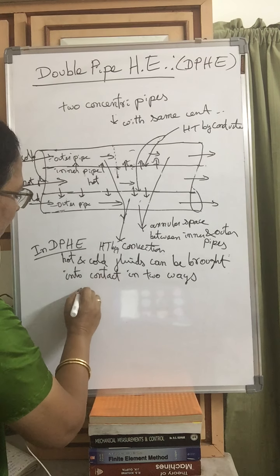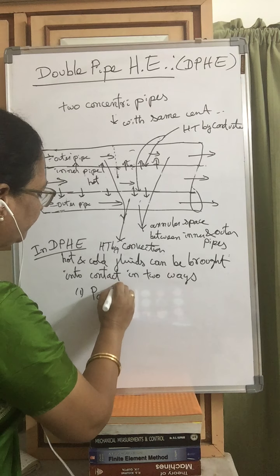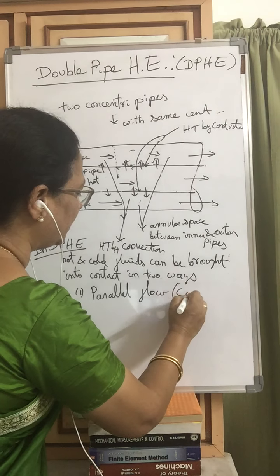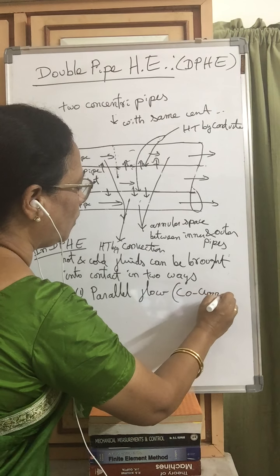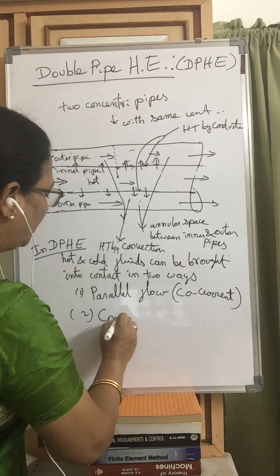What are these two ways? Number one, parallel flow. Parallel flow is also known as co-current. Number two, counter flow.